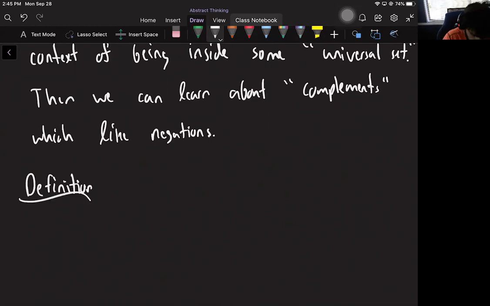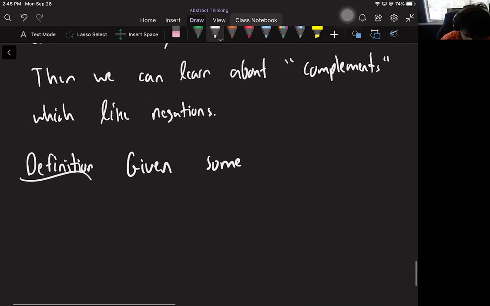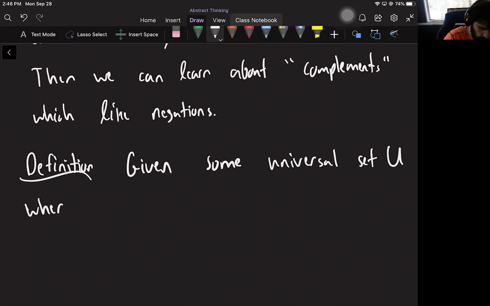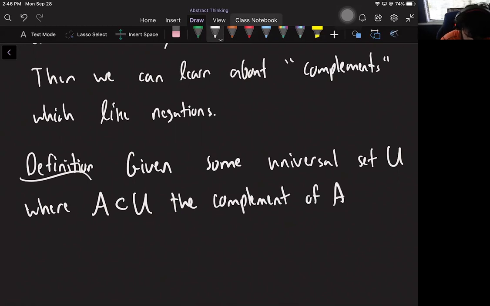Okay, definition. Given, so now we're going to start by assuming that the sets we're talking about are living inside of a universal set. So given some universal set, U, where we have this other set, A, inside of U, the complement of A is just going to be all the stuff that's not in A, but is still in the universal set.